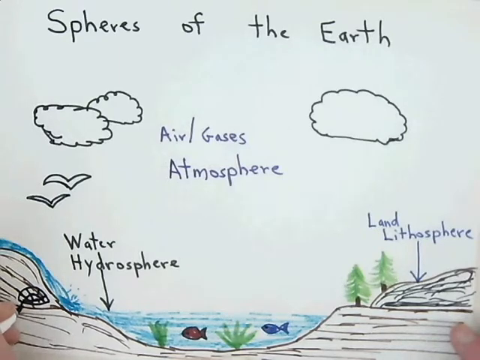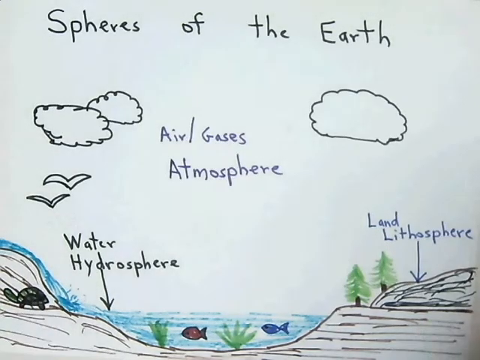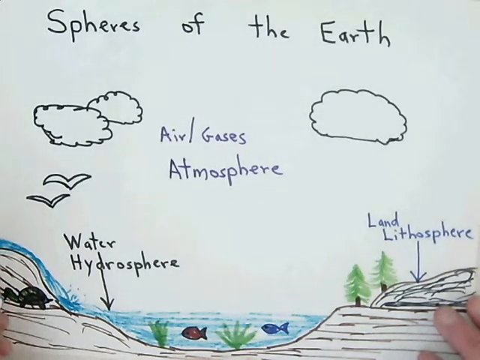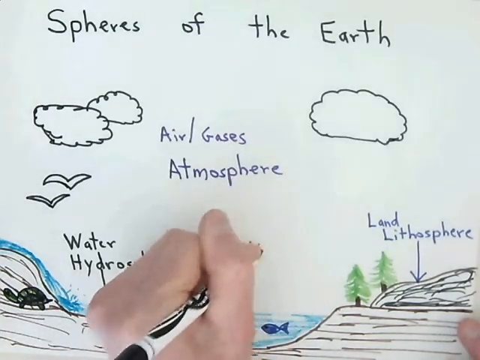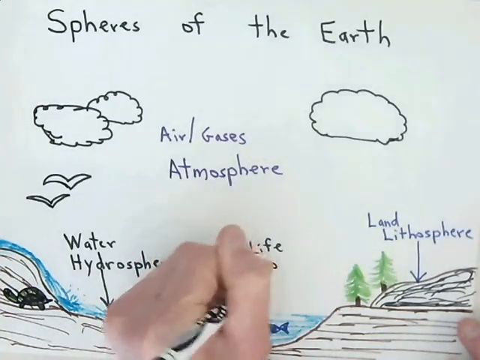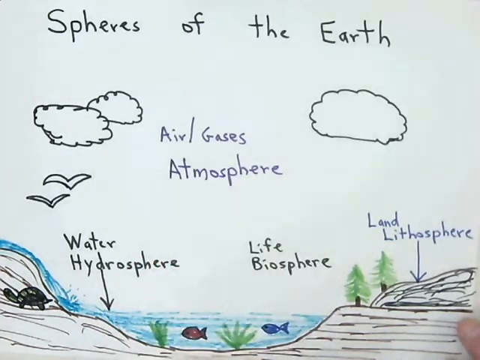Yeah, let's make it into a turtle. All of which make up the sphere of life, otherwise known as the biosphere. The biosphere is every living thing here on Earth. So bio means life. So that makes up the biosphere.